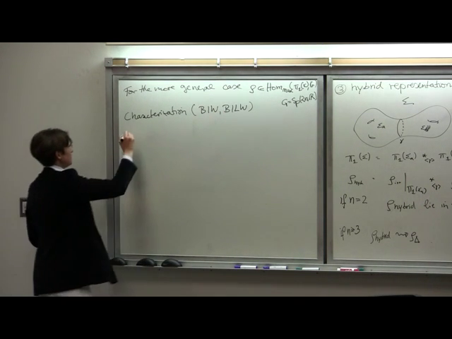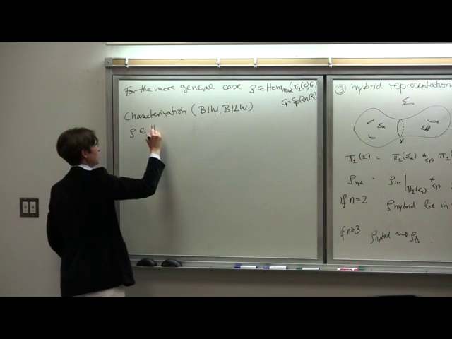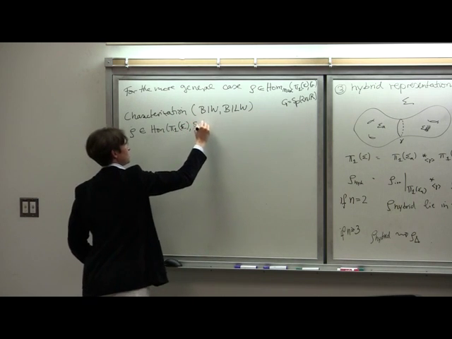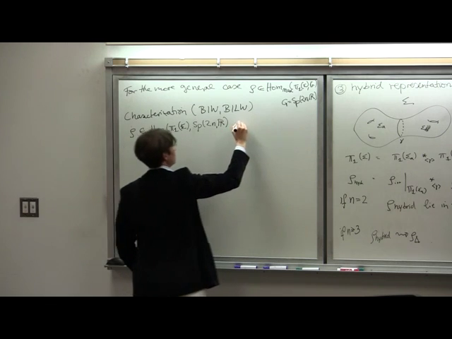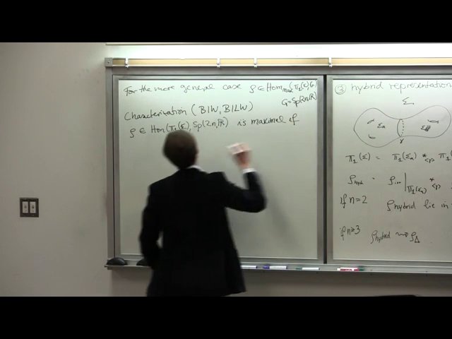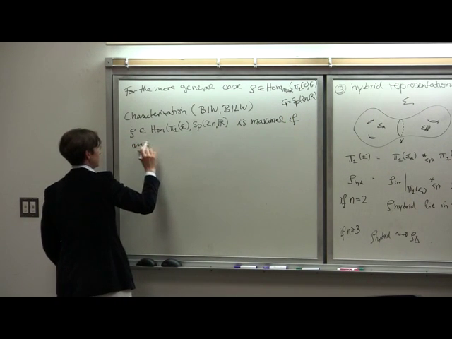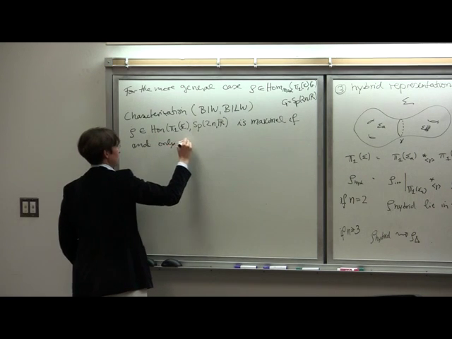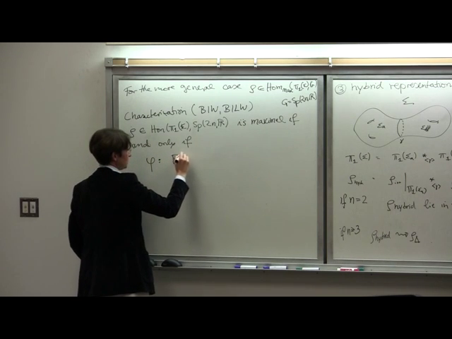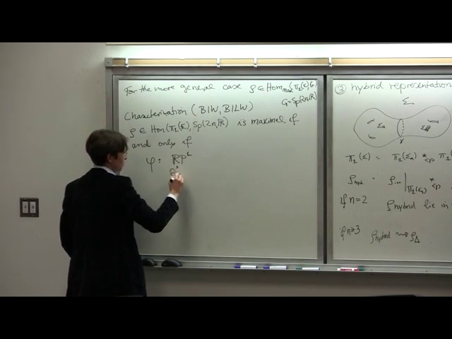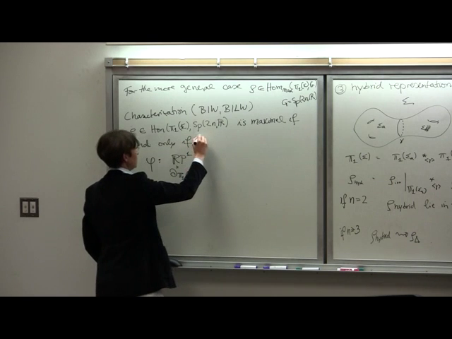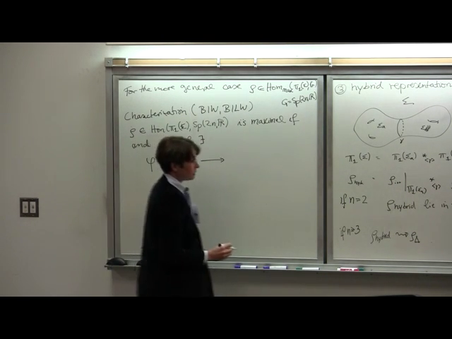So if you have a representation of the fundamental group of your surface into the symplectic group, then this is maximal if and only if you have a map from RP1, which I want to think of as the boundary of the fundamental group of the surface with the natural action of the surface group, into, well, where does this tangent go?